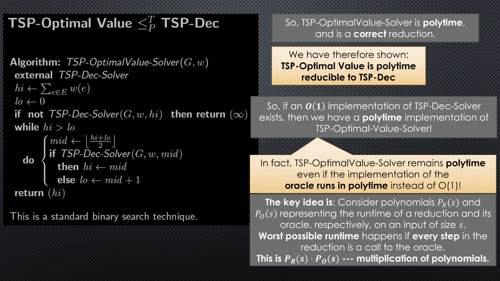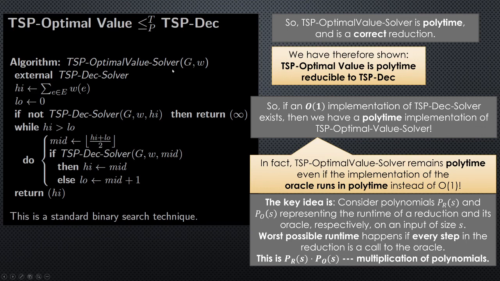If we do that, the way that we blow up the runtime of our reduction the most is by imagining that every single step in the optimal value solver is a TSP decision solver call. Then that would blow up the runtime even more, right? If we replace this with a polynomial, the runtime blows up. If we replace this low equals 0 with some polynomial time work, the runtime blows up even more. What if we replace every single step in TSP optimal value solver with polynomial time? It's getting even more expensive as I replace every single call.